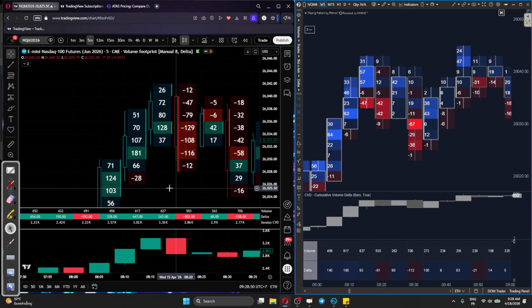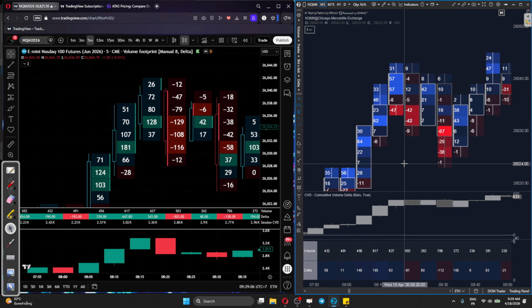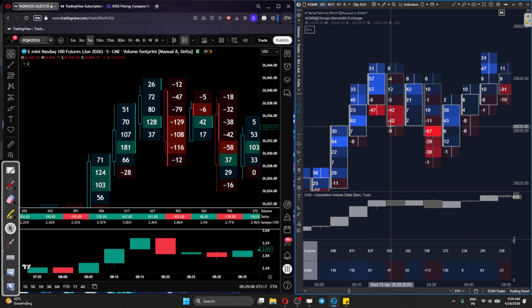TradingView says it themselves: TradingView has aggregated data, so it is not as precise. They just recognize that platforms like ATAS or Sierra Chart are giving you true data. So that's not even a question about the data.